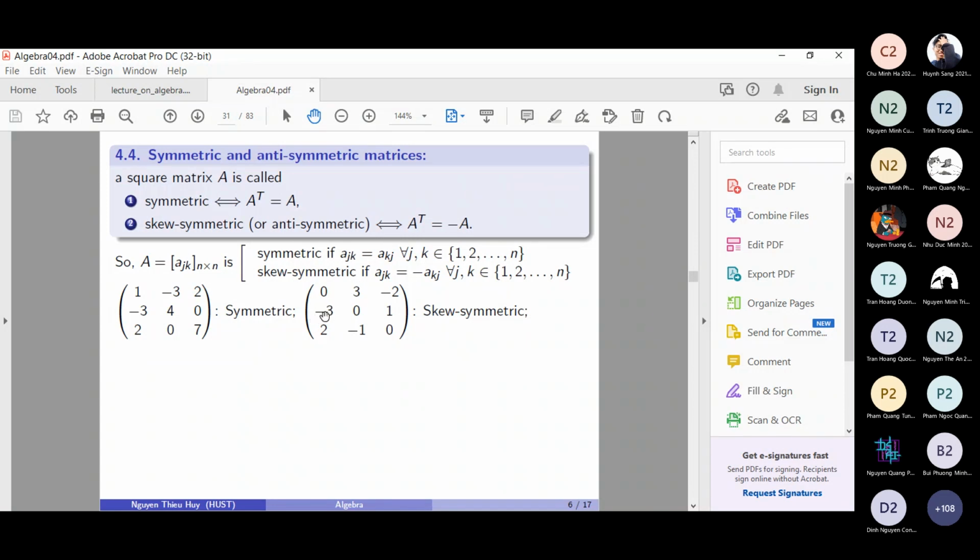Here 3, here minus 3, so a12 is minus of a21. a13 is minus of a31. a23 is minus of a32. So it satisfies this. Good. This is the notion of symmetric and skew symmetric.